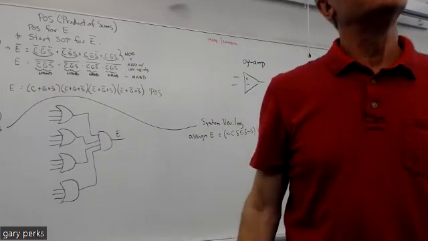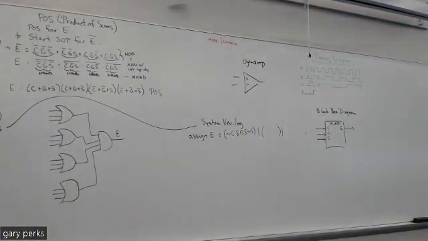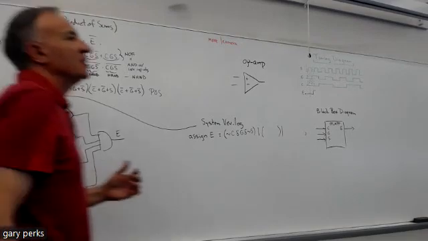Should we always write out both the SOP and the POS, or is one of them enough? Okay, that's a good question. Are you talking specifically for Lab 0 or just in general? In general.